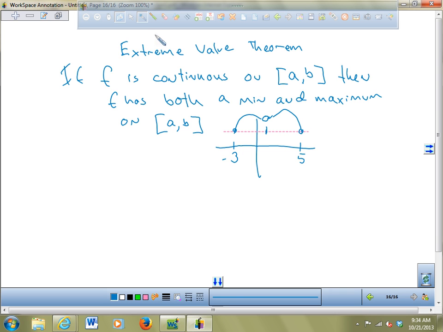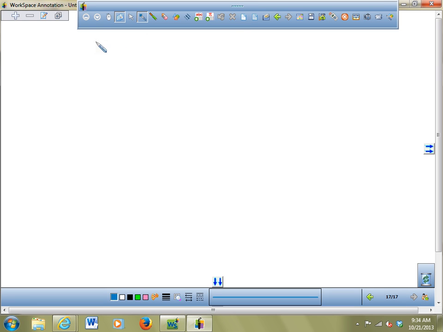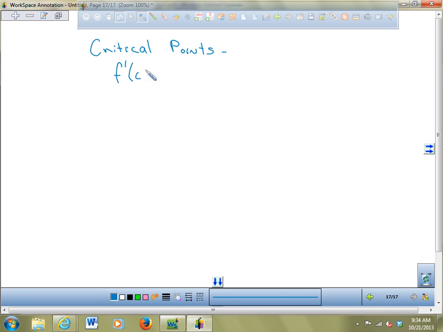So then, critical points. Critical points are points where something interesting is happening in the graph, okay? Critical points occur when f prime of c equals 0, or f prime of c is undefined.